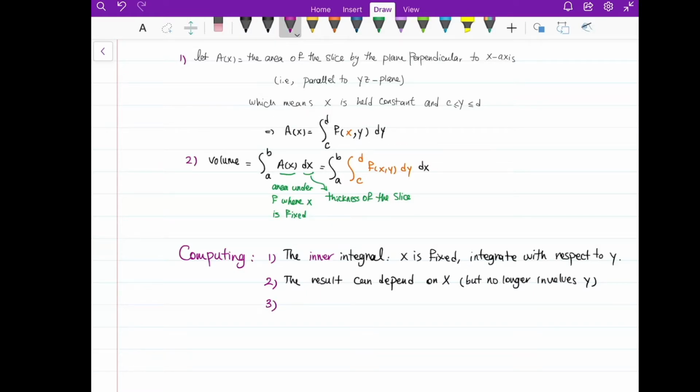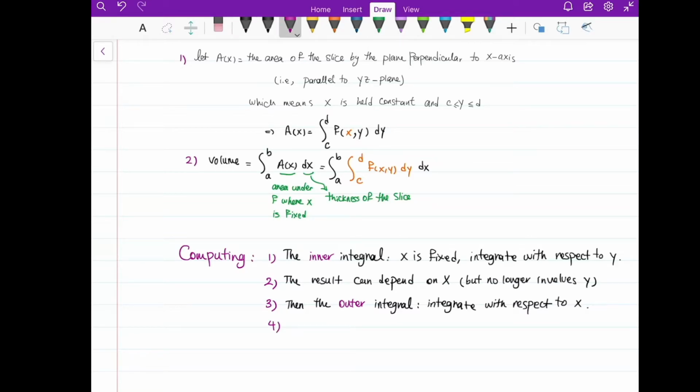And then on the third step, the outer integral, for that we just integrate with respect to x, right?